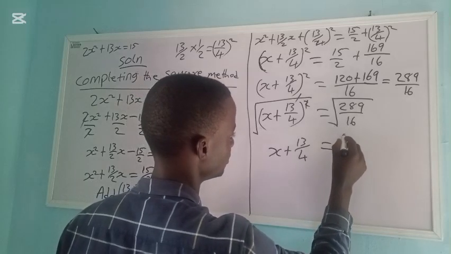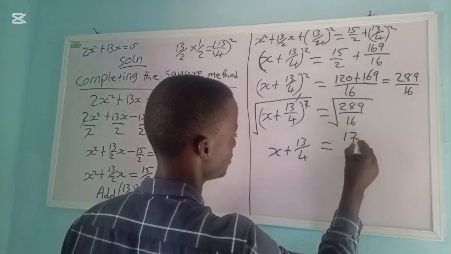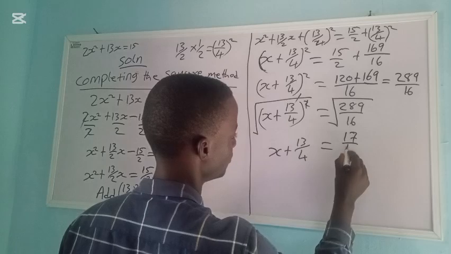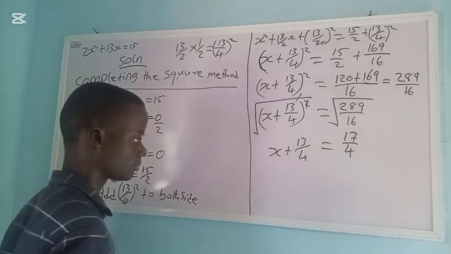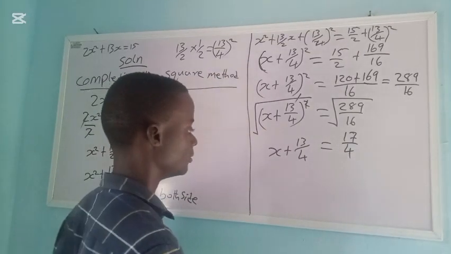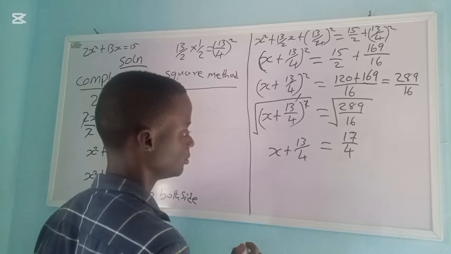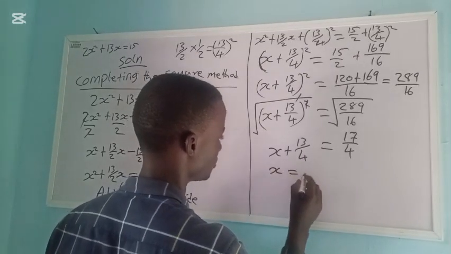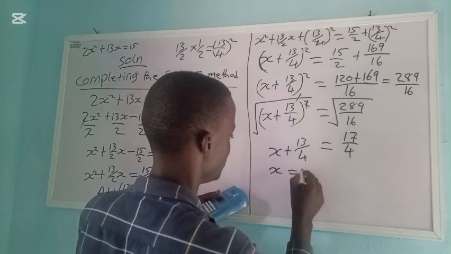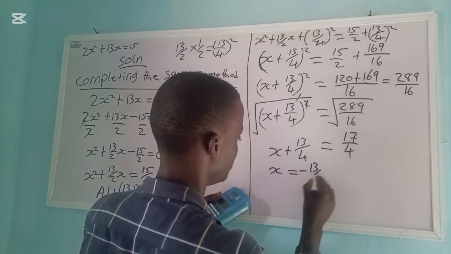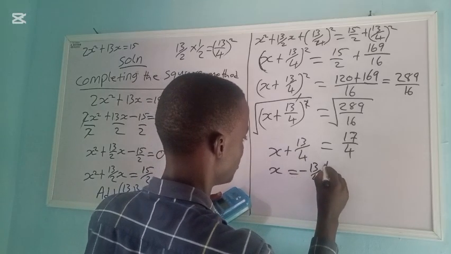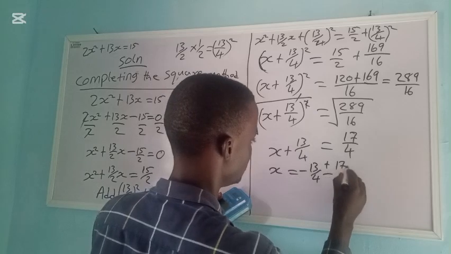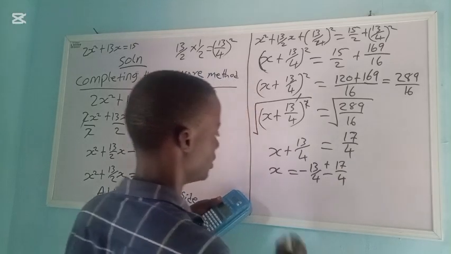We will have 17 all over 4. So now after this one, we cross this one, have x is equals to this one. When you cross it, it becomes minus 13 all over 4 plus or minus 17 all over 4.